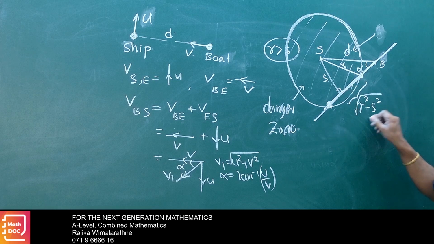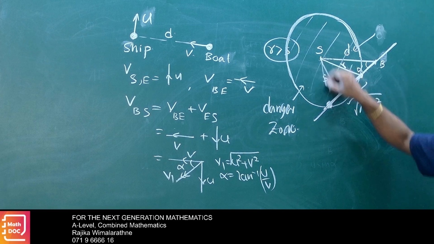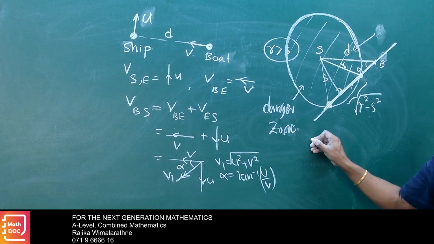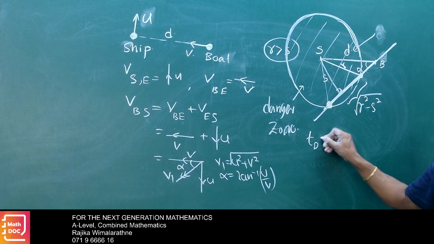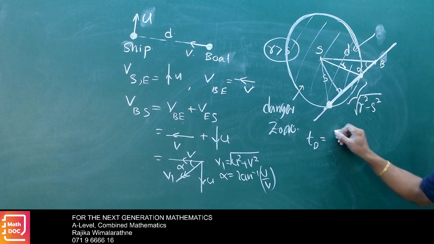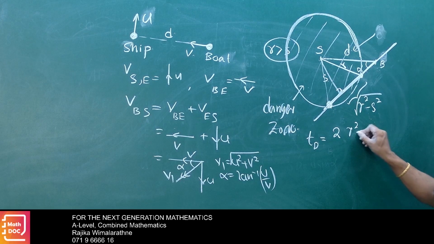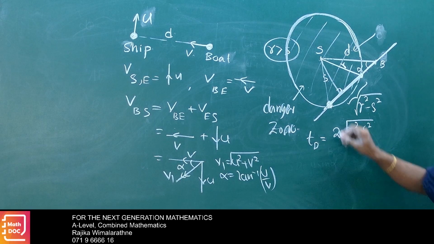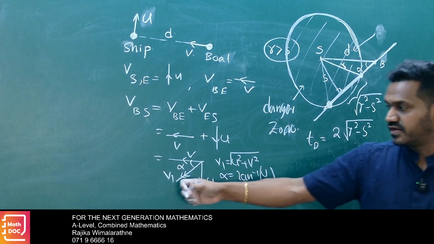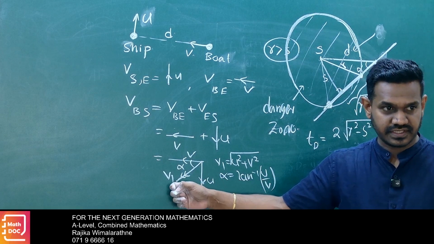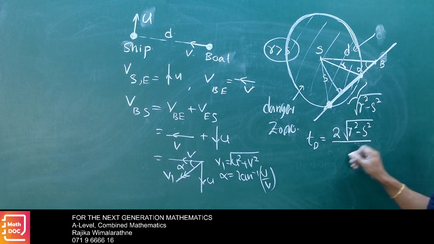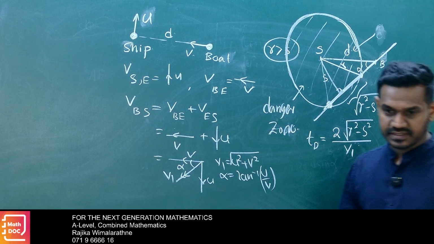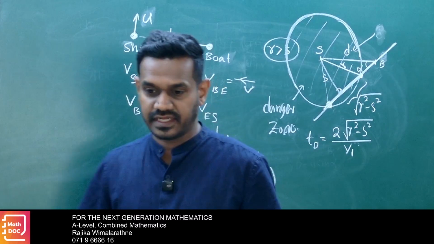We have to move this displacement, and then another displacement the same. Therefore time in danger: 2 times square root of r squared minus s squared displacement has to be moved along this v1, velocity v1, divided by v1. So that is the time in danger.